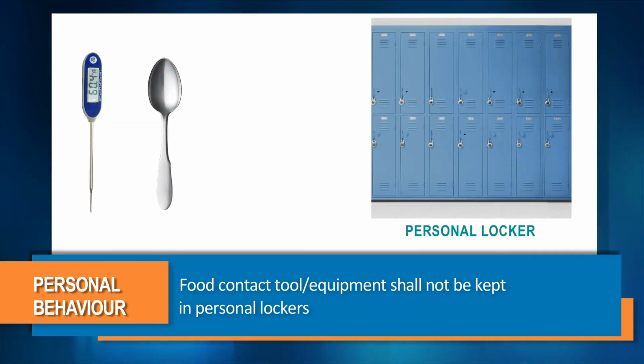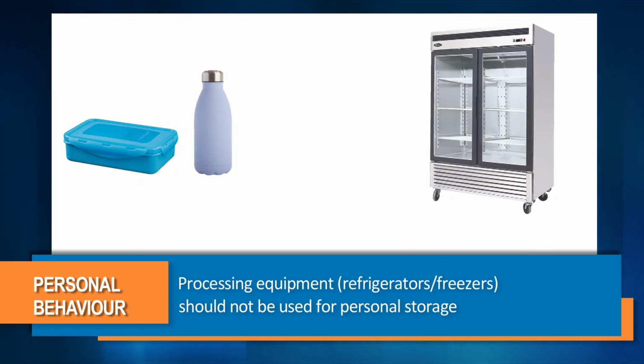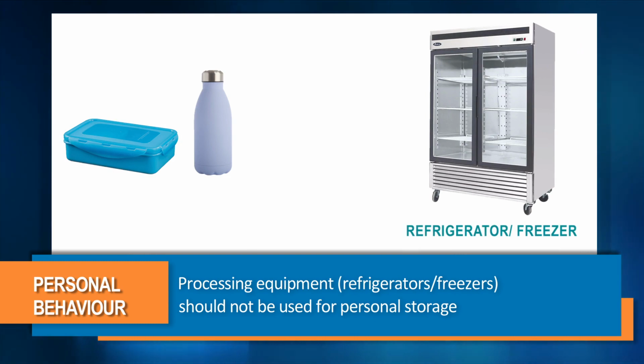Food contact tool and equipment shall not be kept in personal lockers. Processing equipment such as refrigerators and freezers should not be used for personal storage such as storing lunches or cooling water.